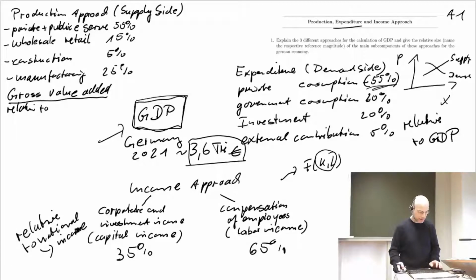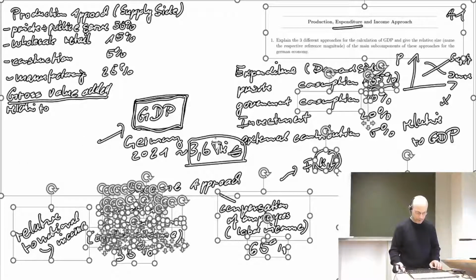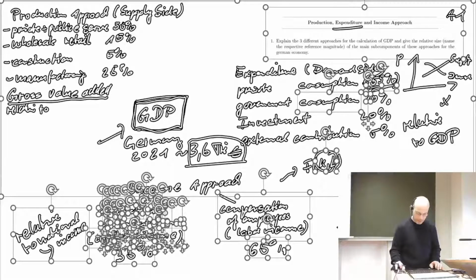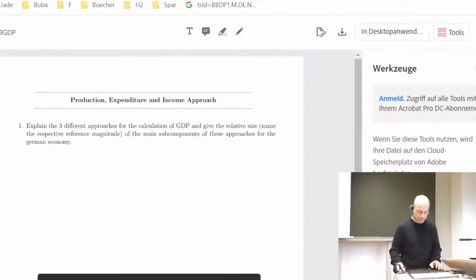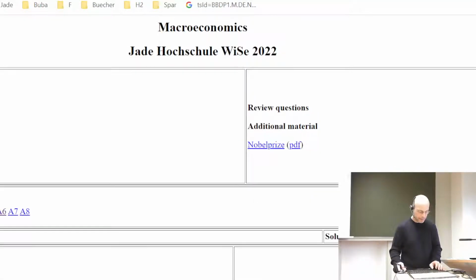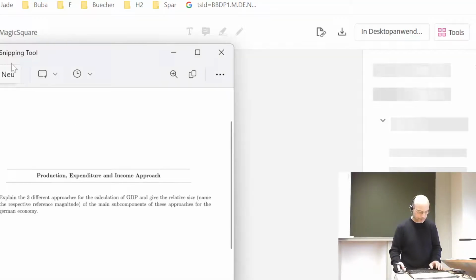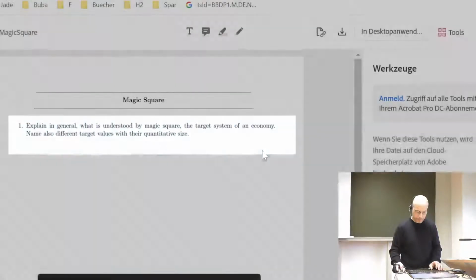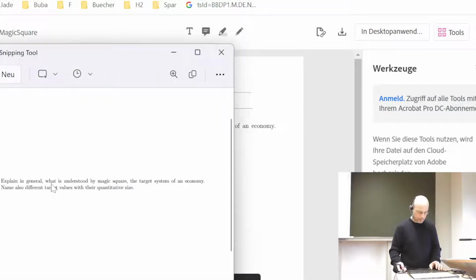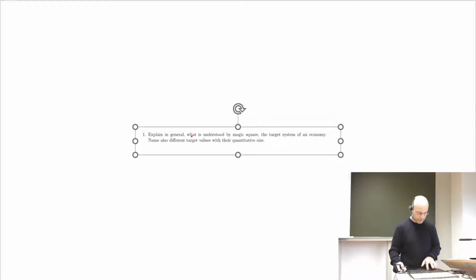Okay, then I also had another task for you, in order to summarize what we have done. And this is A2. And the magic square.